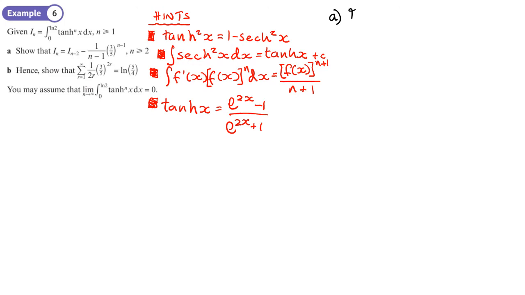So we have our integral between 0 and log 2 of tan to the power nx. Now we don't have a product here, but we're going to split it up into a product. This is very similar to example 4. Now what are we going to split this up into?